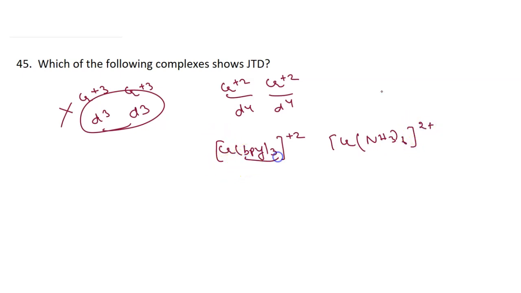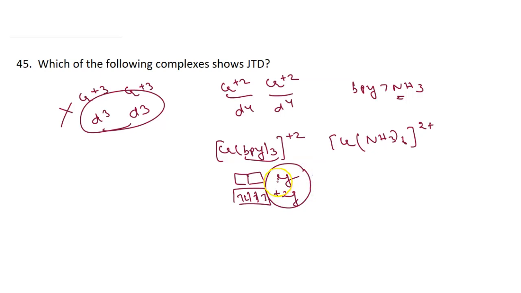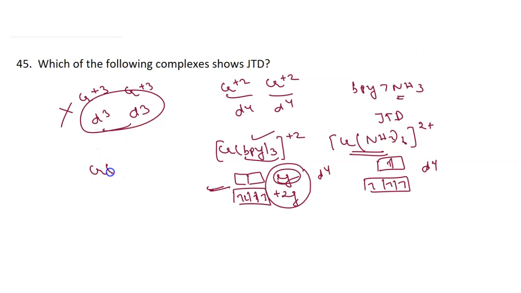Bipyridine is a stronger ligand as compared to ammonia, and pairing takes place. So due to pairing, the effect of the t2g is less as compared to eg, and here we have eg unsymmetrically filled. So JTD is observed in this complex, the chromium hexaammine complex. So this was the correct option.